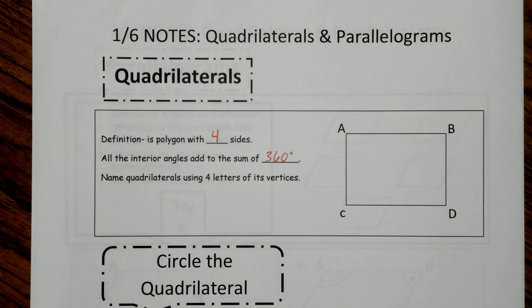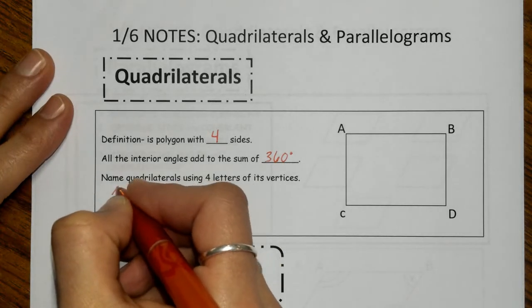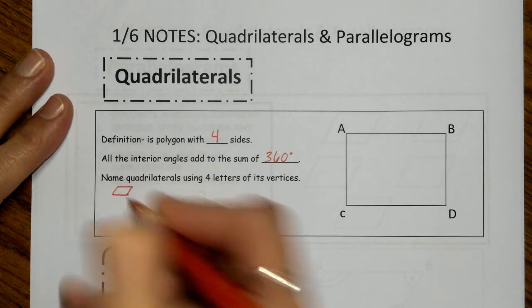When you name quadrilaterals, you have to use all four of the letters that are at the vertices. You do not get to pick and choose what order to go in. There are certain orders you have to go in. The big thing is that whatever letter you start with, you have to go around clockwise or counterclockwise in consecutive order.